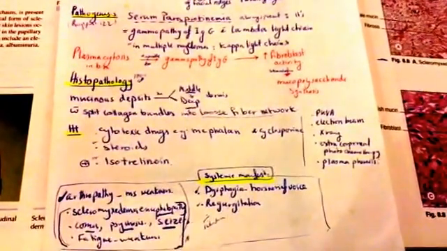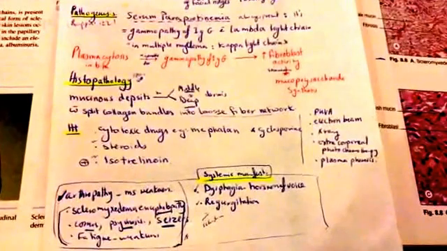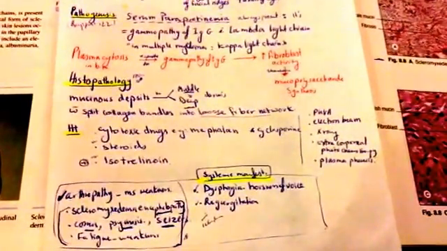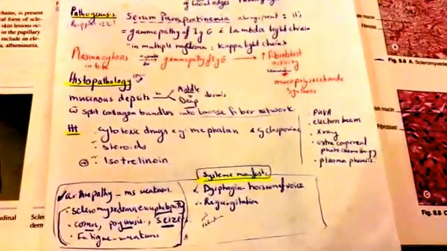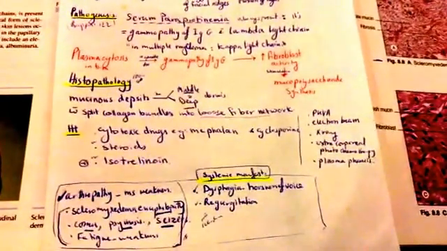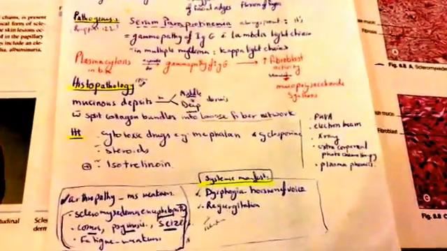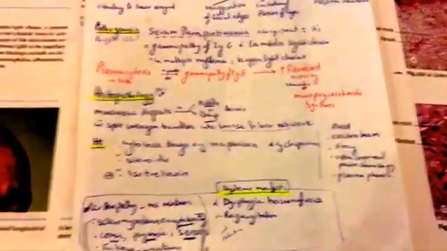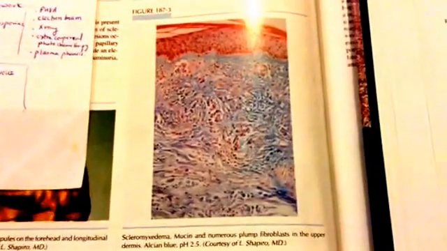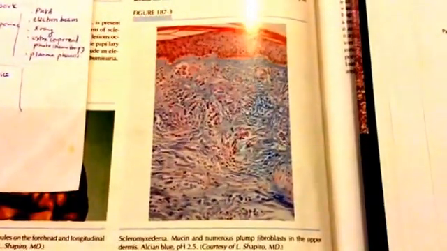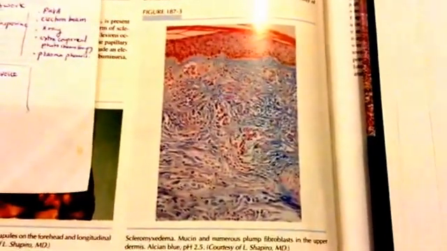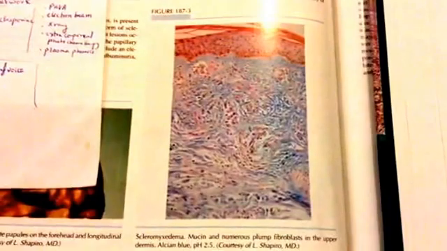The histopathology is mucinous deposits in the middle and deep dermis, which split collagen bundles into a loose fibrous network. As we can see here, the mucin and numerous plump fibroblasts, and this is in Alcian blue pH 2.5, as we said before, not 0.5 but 2.5.